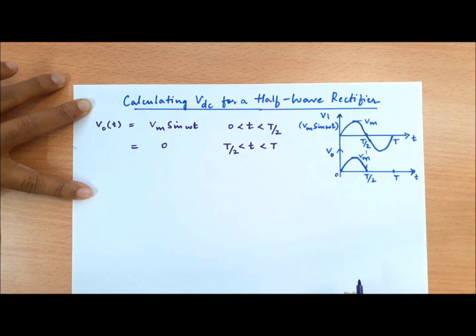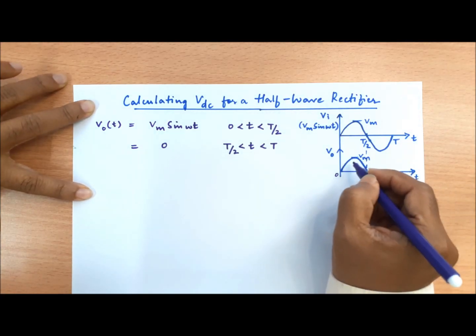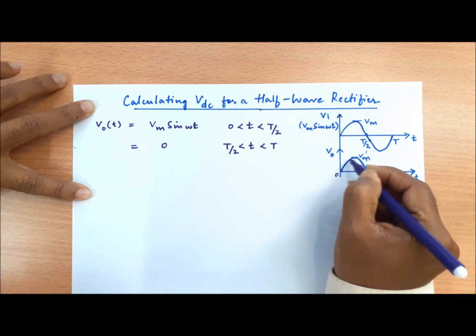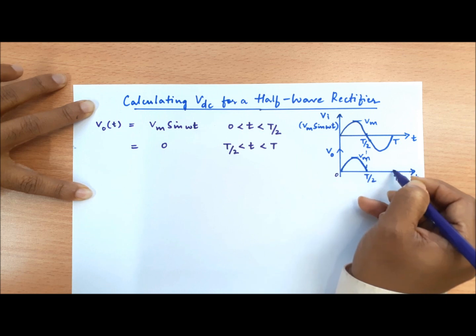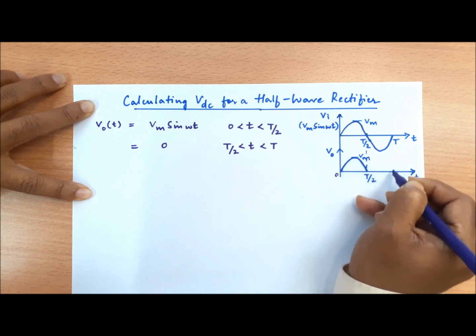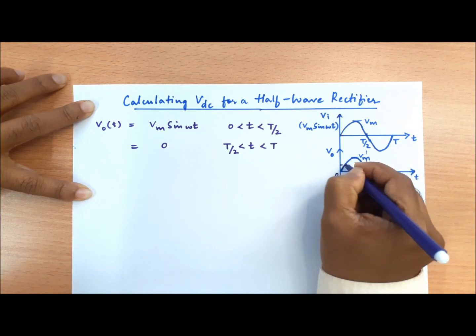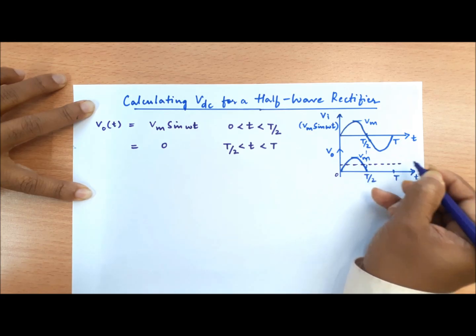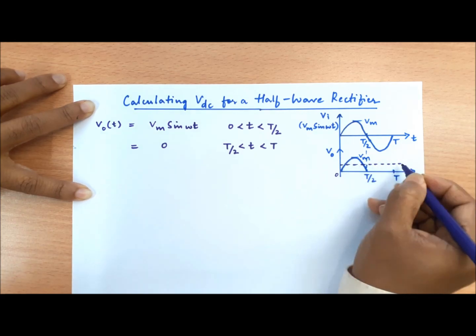Fine. So now let's try to understand what we mean by VDC. VDC is nothing but the average voltage that is appearing at the output side in the positive as well as negative cycle. So if I consider both the positive as well as negative cycle, roughly I'll be getting the average voltage or VDC somewhere in this range.